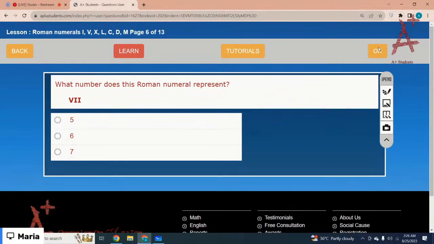What number does the Roman numeral represent? Which is the correct option? 5, 6, 7. V represents 5.